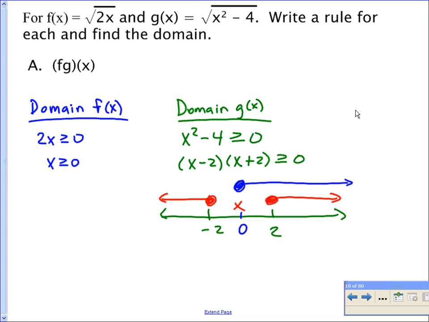And then the area where they overlap is going to be in here. So that means that the domain, most of the time, except for when I'm dealing with the quotient, is going to be from 2 to positive infinity, including the 2. Okay, so that's our domain there.